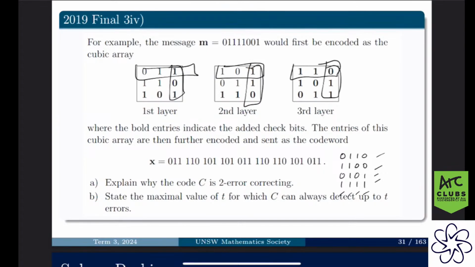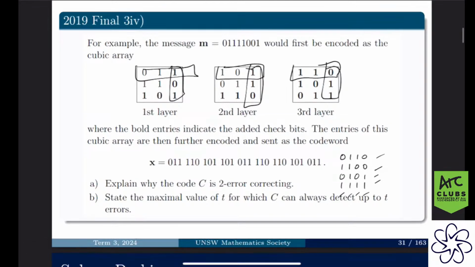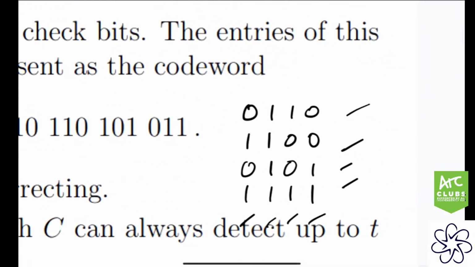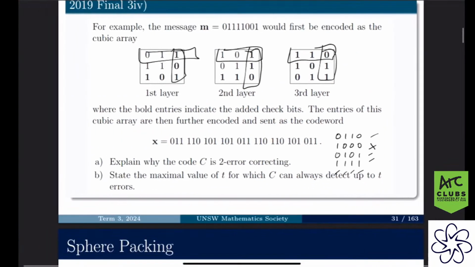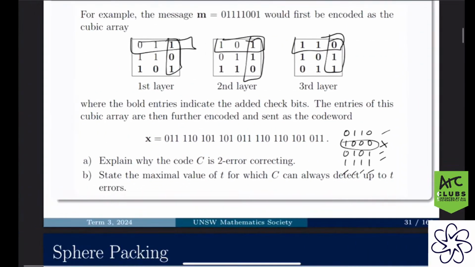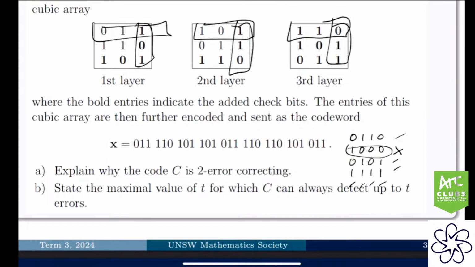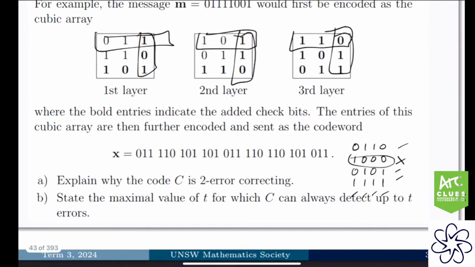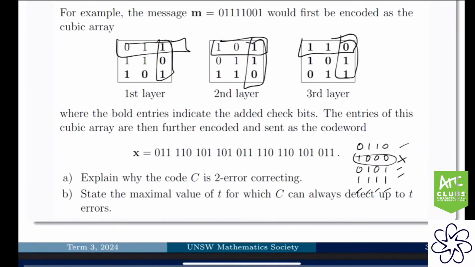There will always be at least one axis that has only one error in it. And we can see if there's only one error in a row, then we will be able to detect that. So in this case, our layers are just going to be one-dimensional, right? But as we extend to the three-dimensional case, we have 2D layers. So that is why the code C is two error correcting.